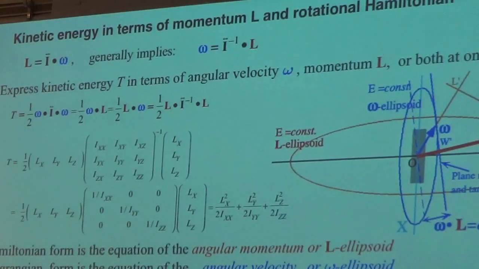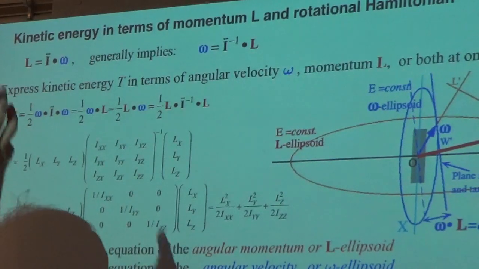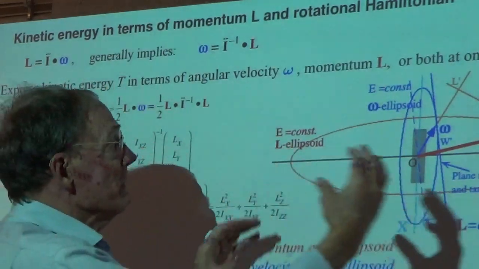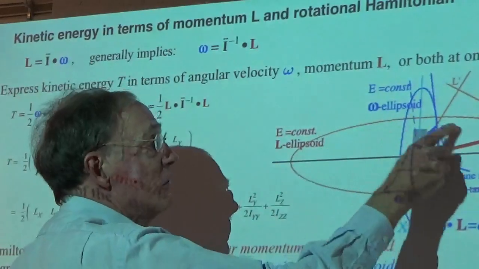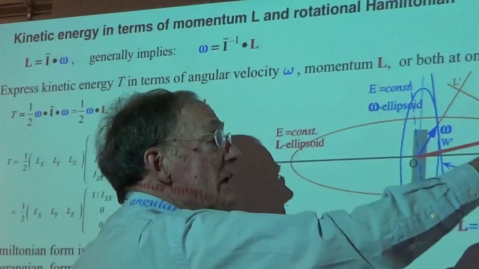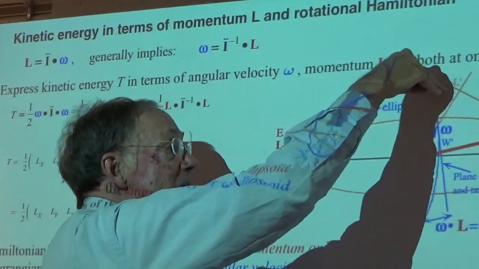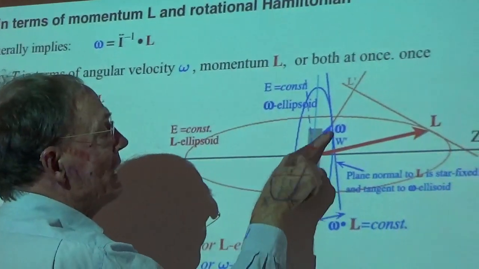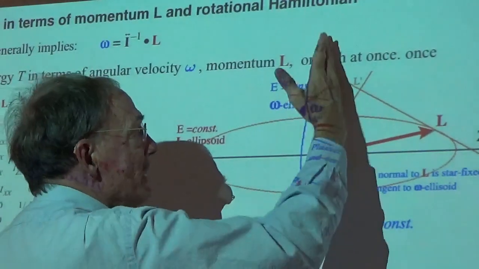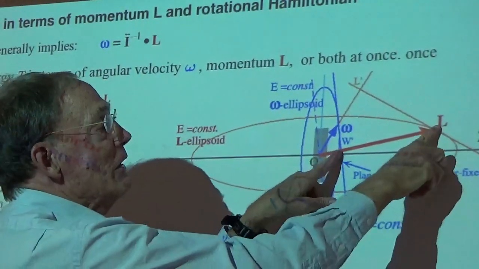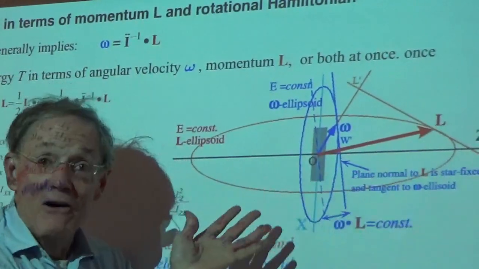We've got something else we need to try called the rotational energy surface. But in any case, imagine an ellipsoid with another one sticking through it. These two have this wonderful duality that a tangent plane from this one is normal to the direction of the omega, and the omega was sitting on a tangent plane that is perpendicular to the L. You've seen this before, right?